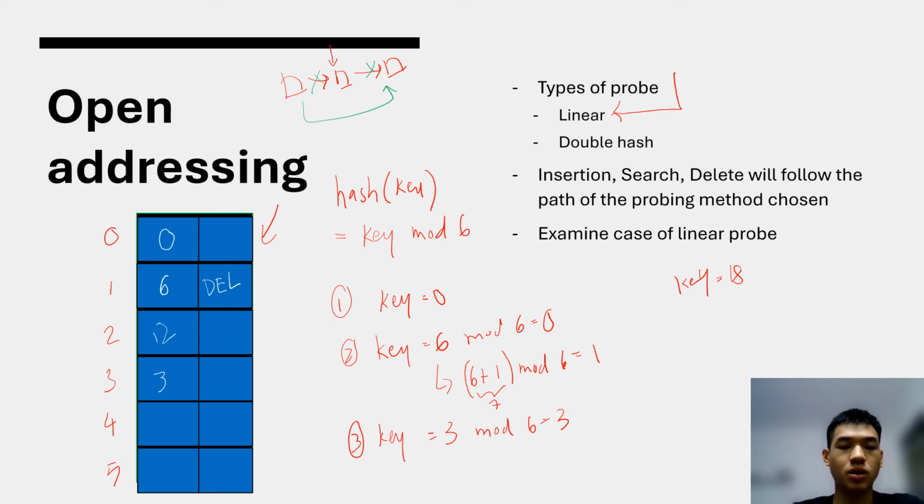So when we linearly probe, we will come here. When the algorithm sees the delete flag, I will just perform the insert here to get 18. Once I perform the insert of 18, I will remove the delete flag. And that is how we do the delete and insertion for open addressing.